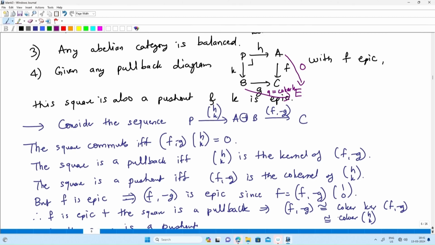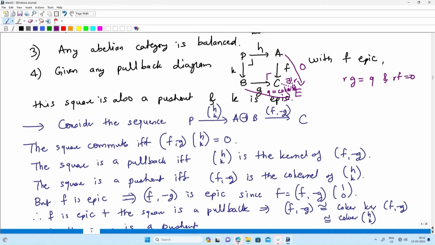Now we have just shown that it is a push out. So by the push out property, I have existence of a map, let me call it R. So what can I conclude from R? RG is equal to Q and RF is equal to 0.